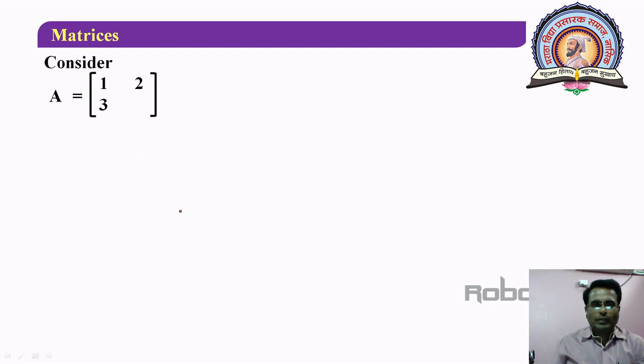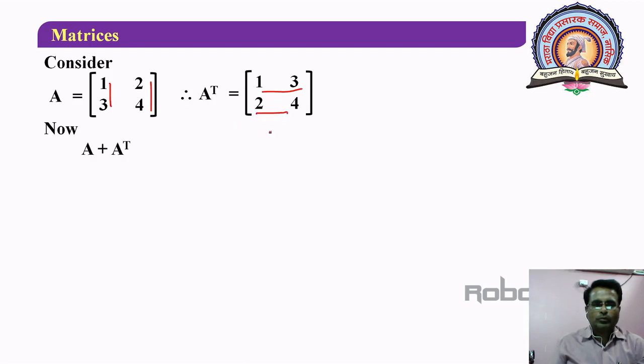Here we have one example, 1 2 3 4, then A transpose is 1 3 2 4, isn't it? First column as a first row, then second column as a second row. Then if you consider A plus A transpose, see what is the summation: 1 plus 1 is 2, that is appearing here, then 2 plus 3 is 5, appearing here, then 3 plus 2, again 5, appearing here, then 4 plus 4 is 8, appearing here.